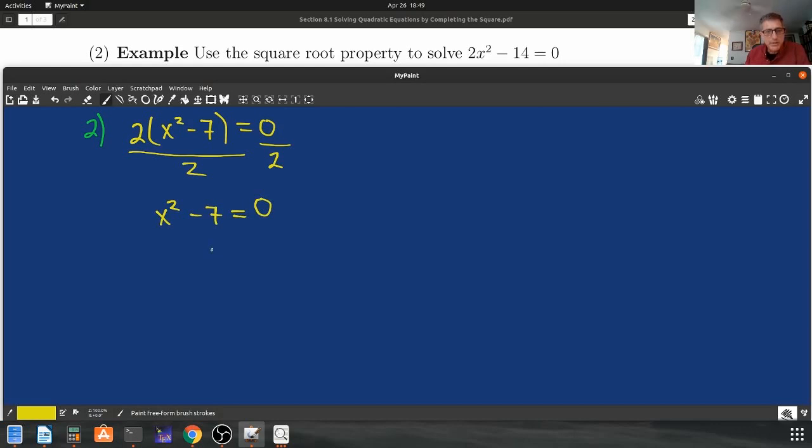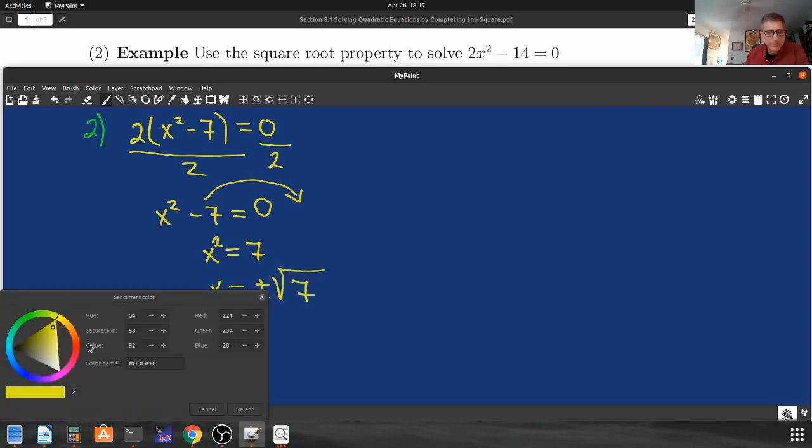And now I can use the square root property by doing what we don't normally do. I'm going to take the minus 7 and put it over there, and it becomes plus 7. That's x squared equals 7. So by using the square root property, x is equal to plus or minus the square root of 7. That's one way to do it.